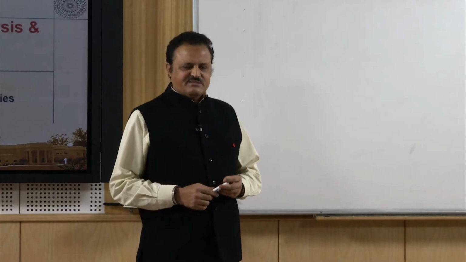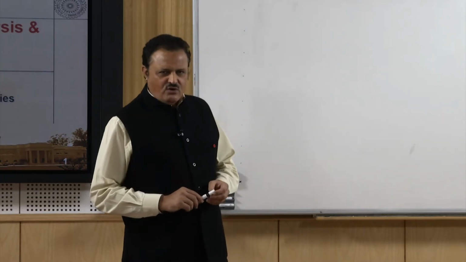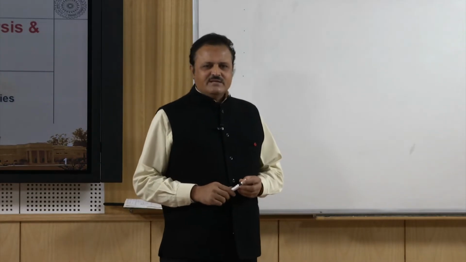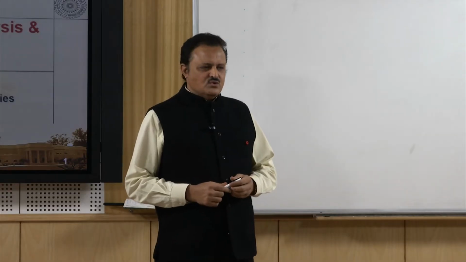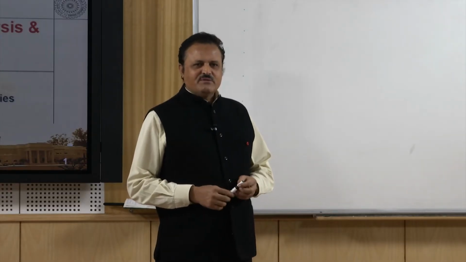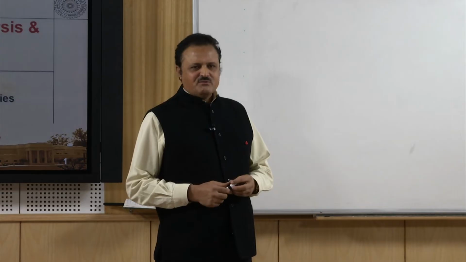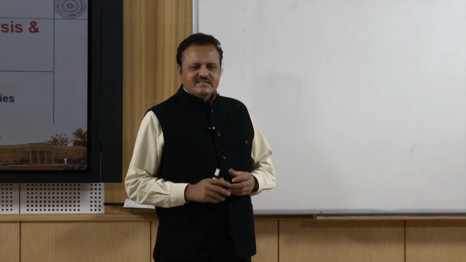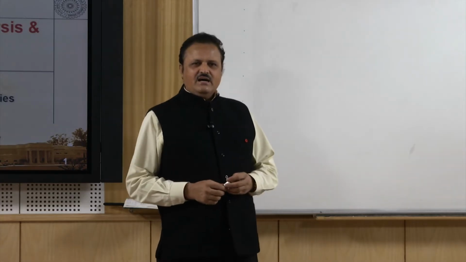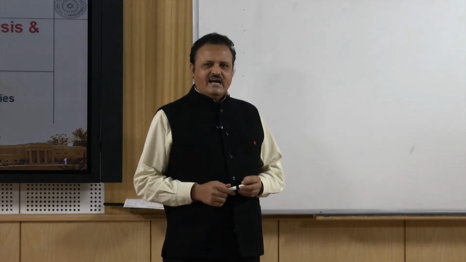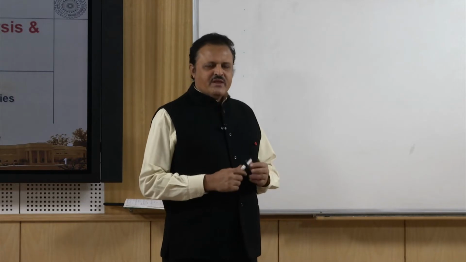Furthermore, some part which we call doubtful debts may not be recovered. And the third is that to prompt the people to make the payment on the due date or before the due date, we have to give some discount, so we have to make the provisions for that also. We discussed how to deal with these three adjustments: bad debts, provision for doubtful debts, and provision for discount on debtors in the financial statements.